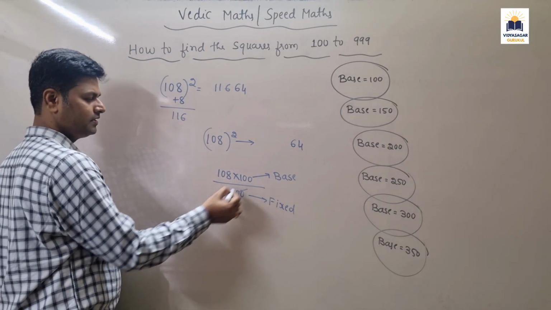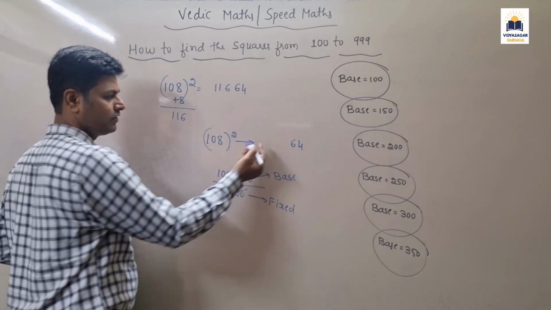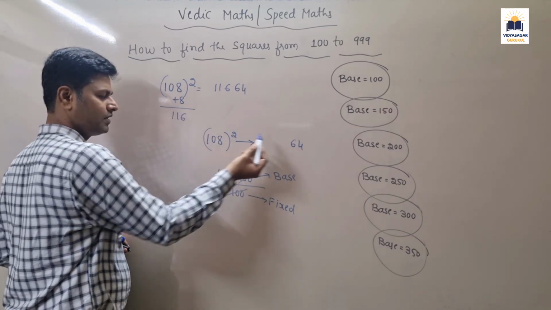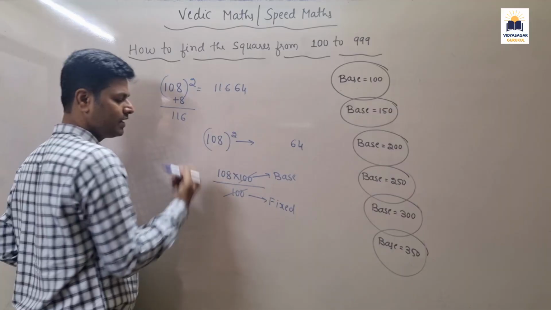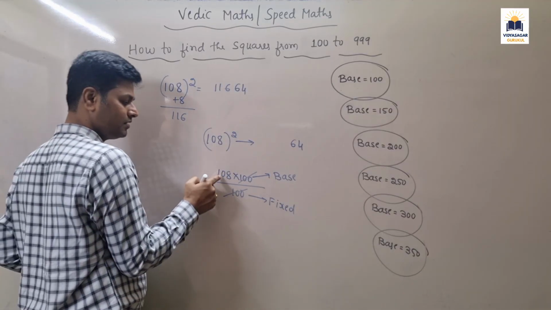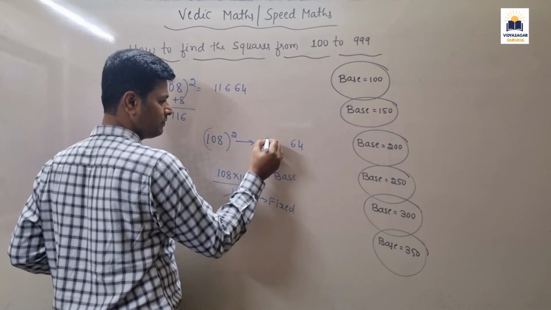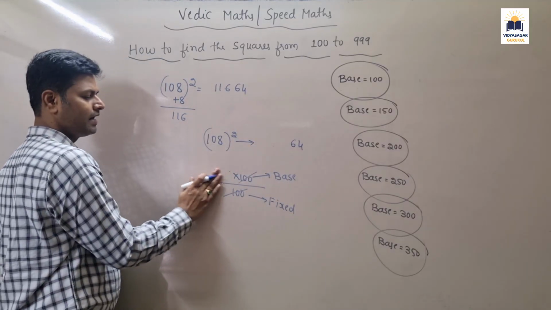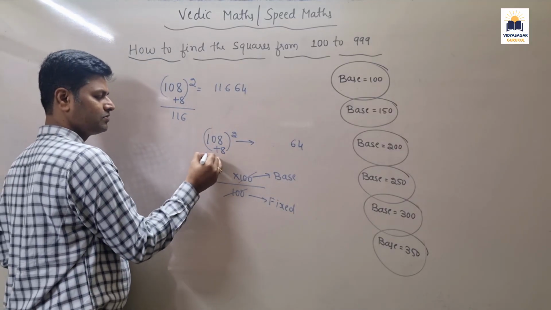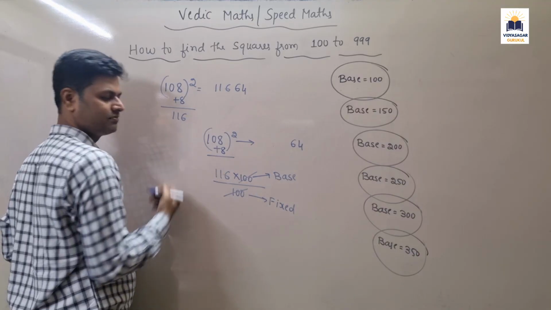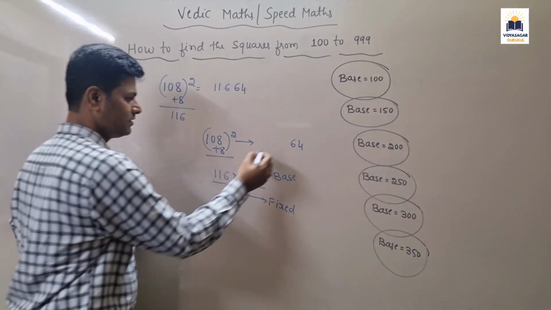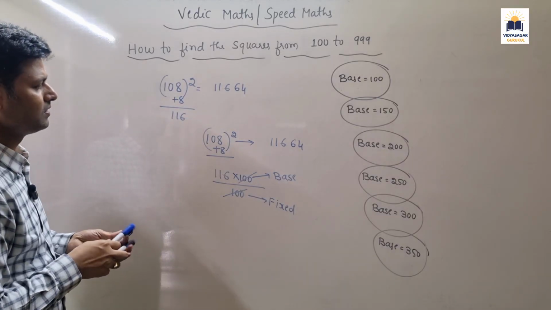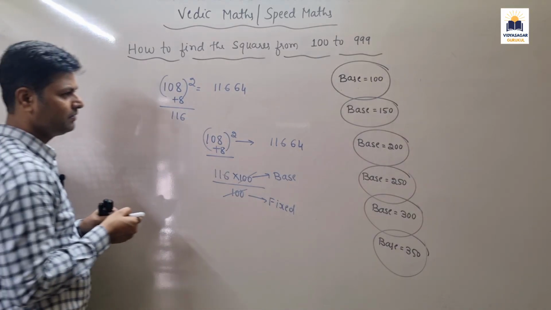So now this 100 gets cancelled, so this 108, but again compared to 100, 108 is 8 more, so 108 plus 8, it will be how much? 116. Otherwise you can do it directly also, plus 8, so it will be 116. You can do it this way also, right? So the total answer is how much? 11664.